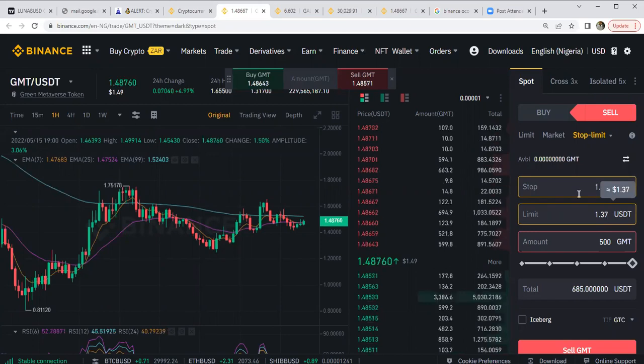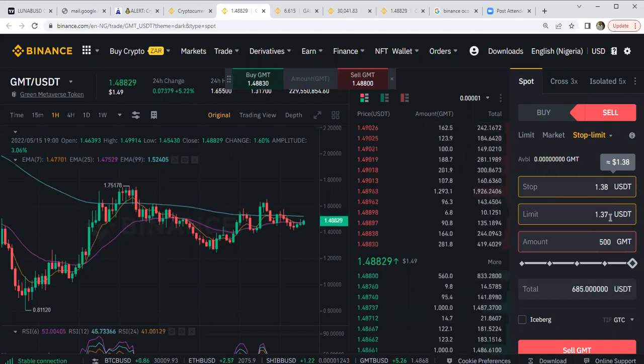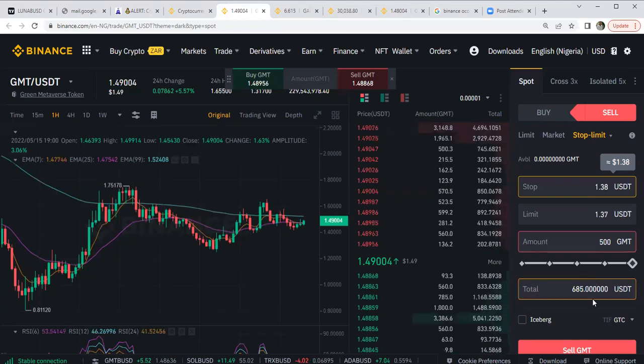The stop has to be at the top of the limit, so that when the price comes down to 1.38, it will post an order to sell your asset at 1.37. This is how you put your stop loss.